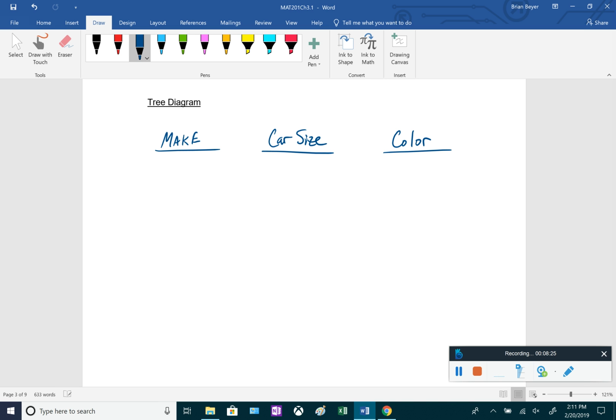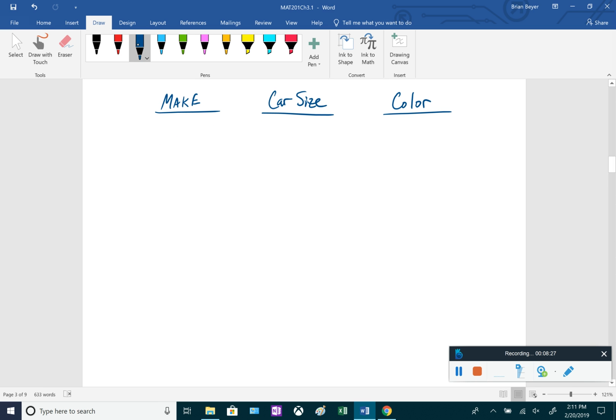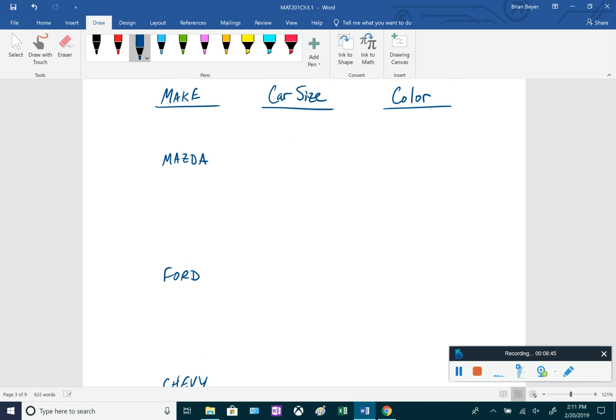So starting off with the make, we can have Mazda, and then we said we could have Ford, or we can have Chevy. For car size, it said compact and midsize.